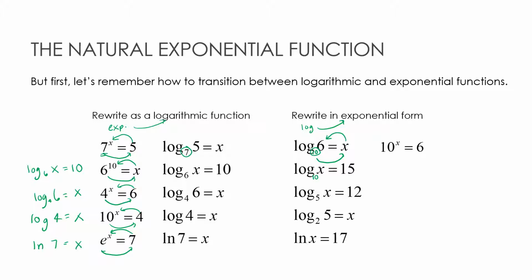Again, a common log, so this is 10 to the 15th equals x. 5 to the 12th equals x. 2 to the x equals 5. And remember, the base of a natural log function is e, so e to the 17th equals x.